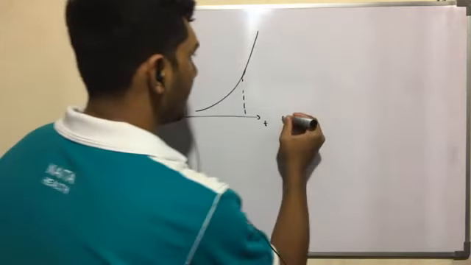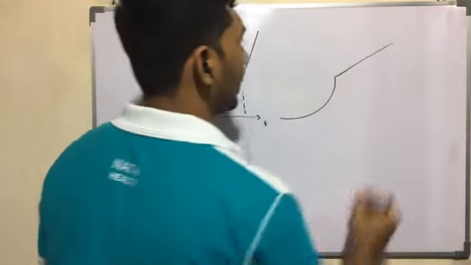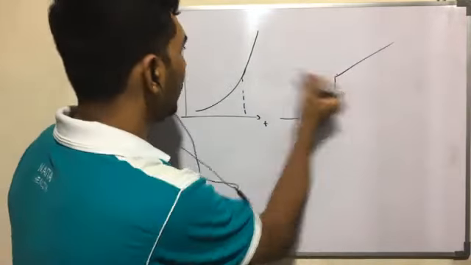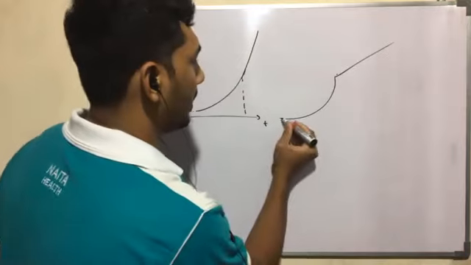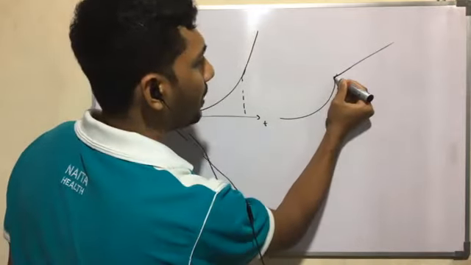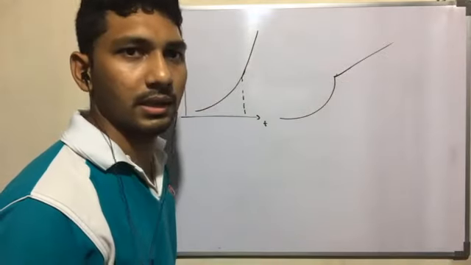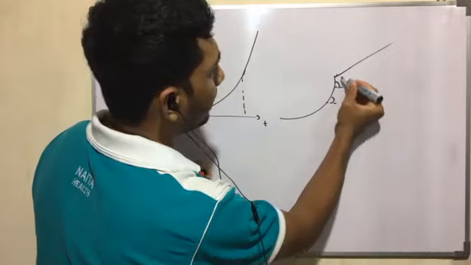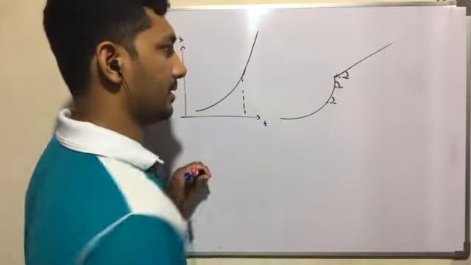Coming like this and going like this. These two are different. Here it comes like this, and immediately it goes like this. So here you see a break. The graph breaks. Here you see some angle, and immediately that angle decreases.